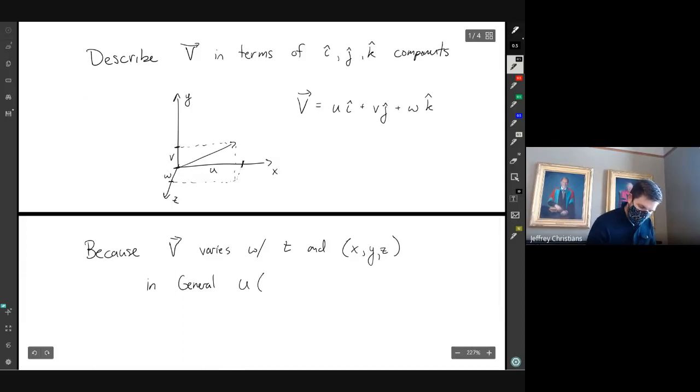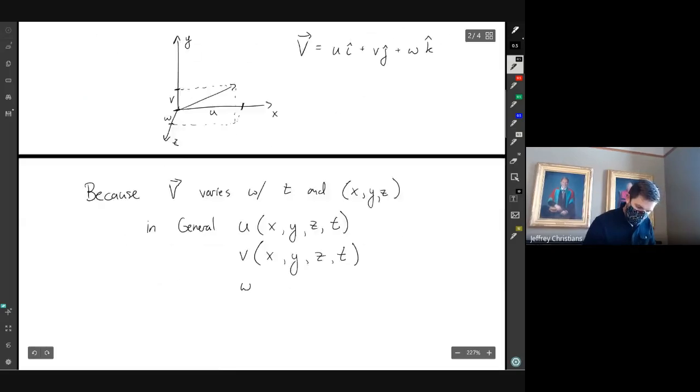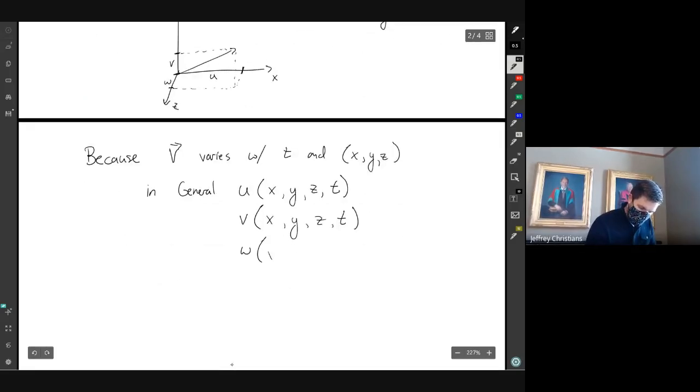So u is a function of x, y, z, and t. v can be a function of x, y, z, and t, and w can be a function of x, y, z, and t.